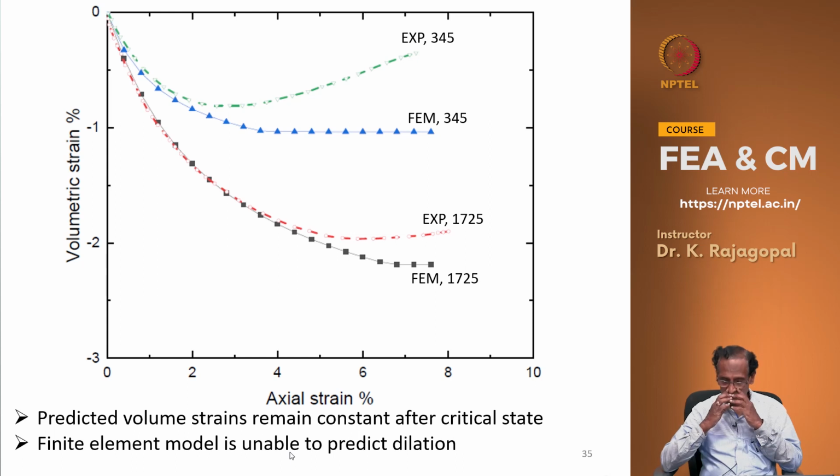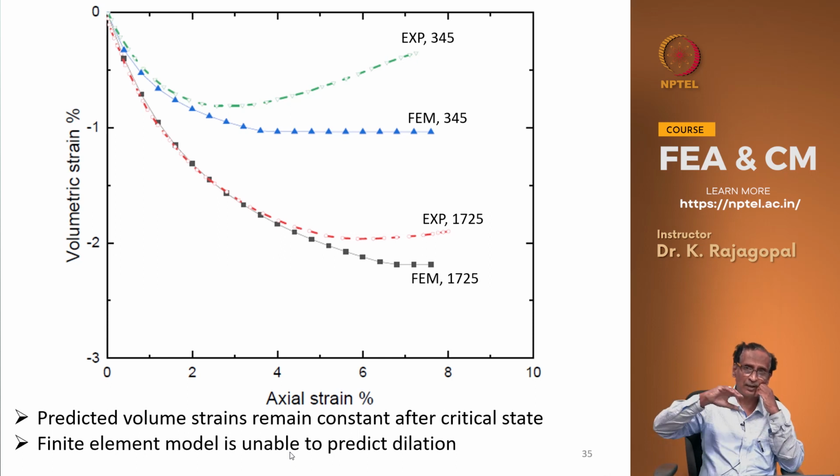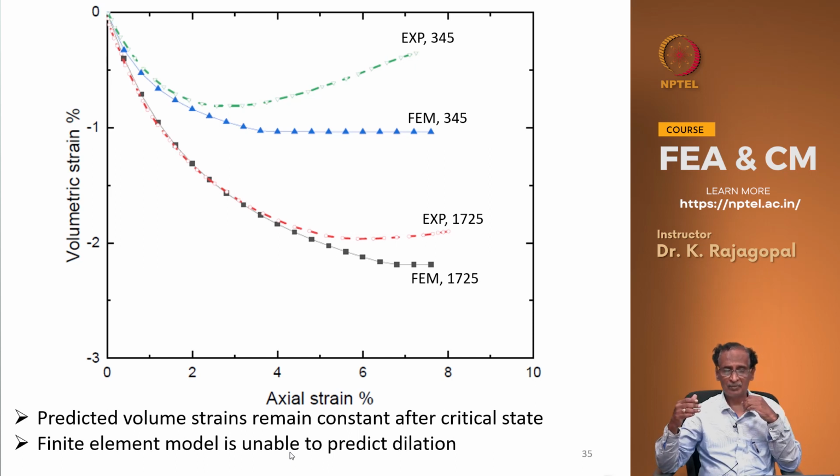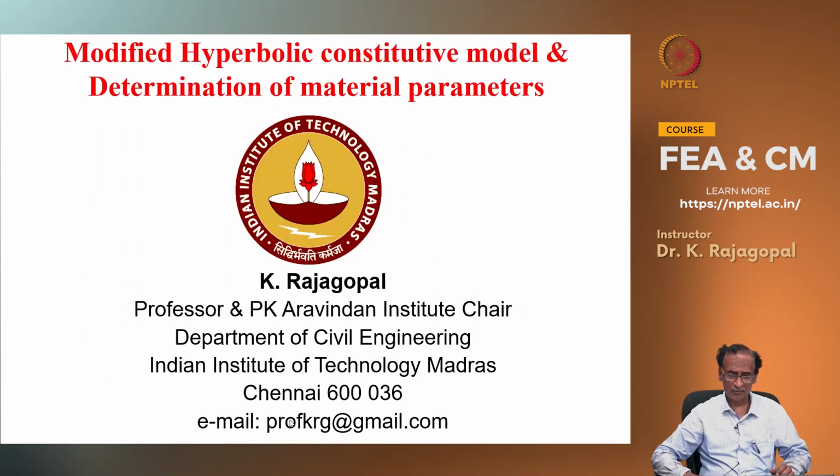And at higher strain rates, like if you apply the strain increments at very coarse increments, our predicted axial stresses are much higher than the theoretical limit. So that we need to somehow correct. Okay, that we will see in the next class how to do that.